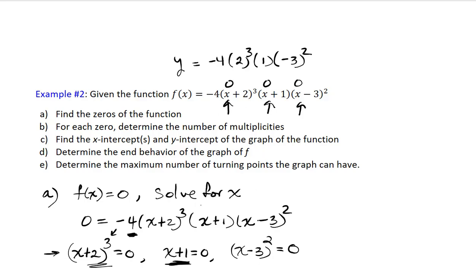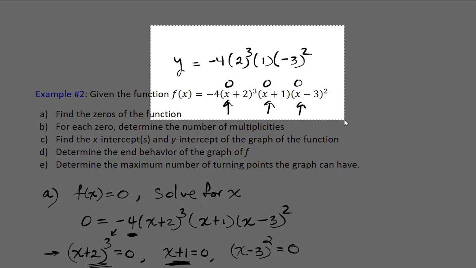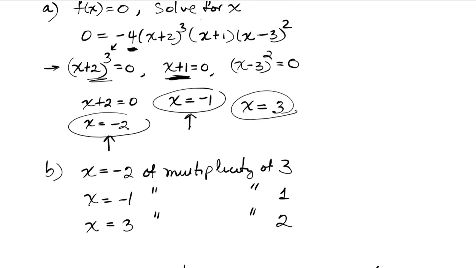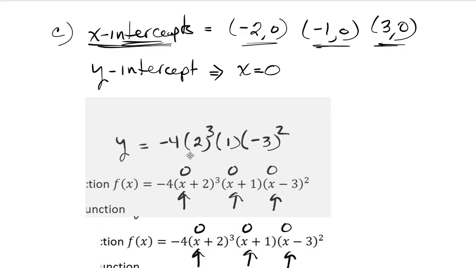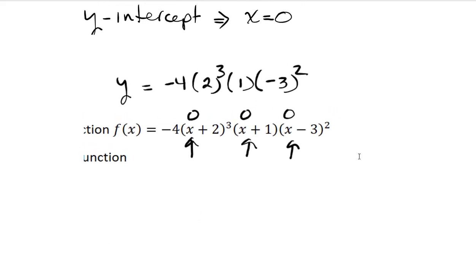So let's take this work and bring it down to the bottom so that we can algebraically solve for y there. And so simplifying this statement, we have -4 times 8 times 1 times 9.